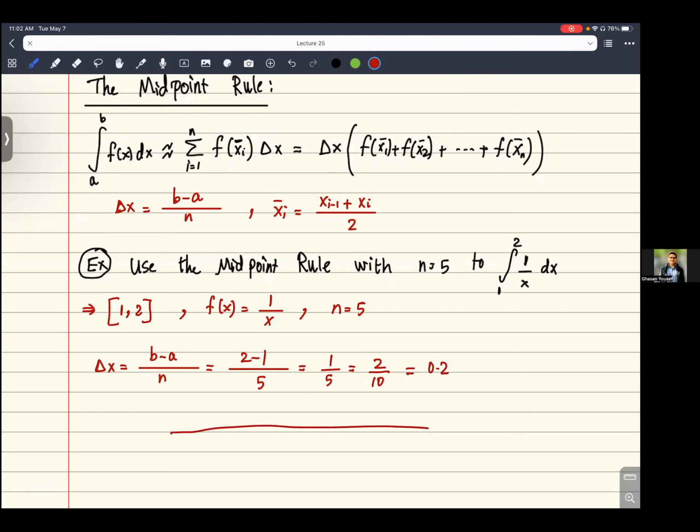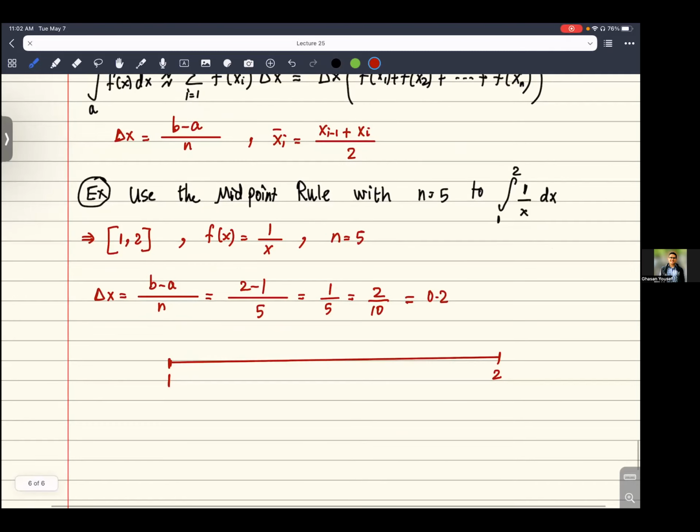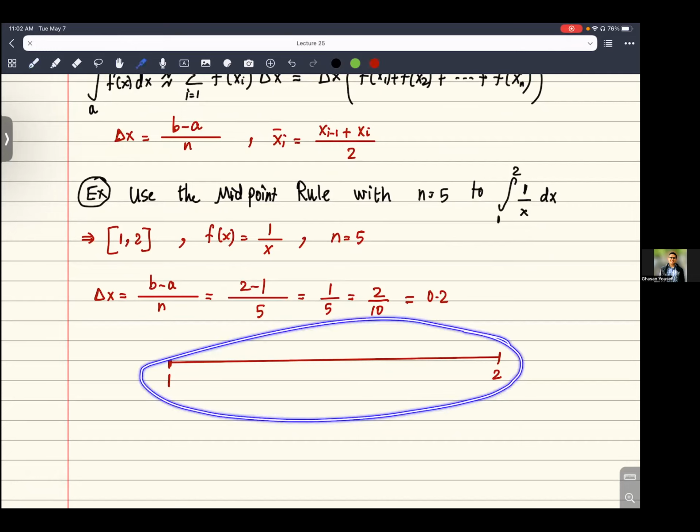I'm going to graph a line from 1 up to 2, and we have 5 subintervals. I'm going to divide it into 5 subintervals.